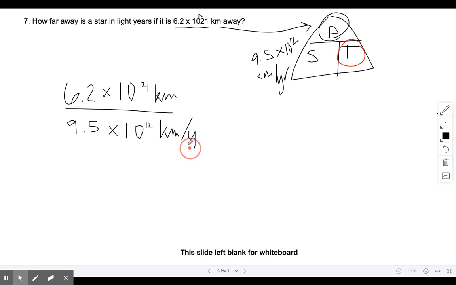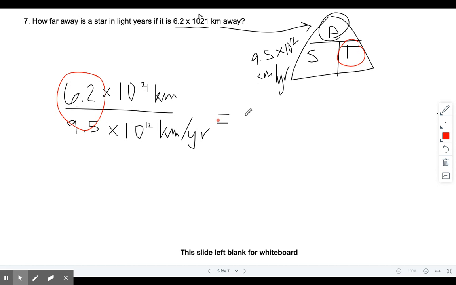So we're going to divide these two to figure out how many light years it is, how long it takes for that light to reach us. So we want to divide the 6.2 by the 9.5. First let's divide the top by the bottom. 6.2 divided by 9.5.